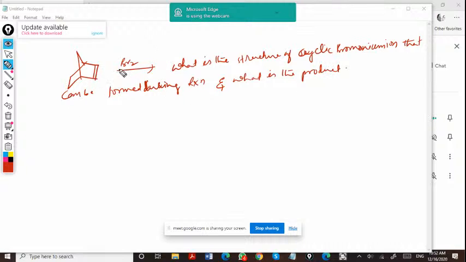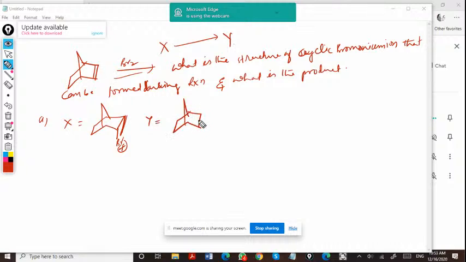So given that reaction, it is going to give X as a cyclic bromonium ion and Y as a product. Okay, so option A, X is and Y. Option B.